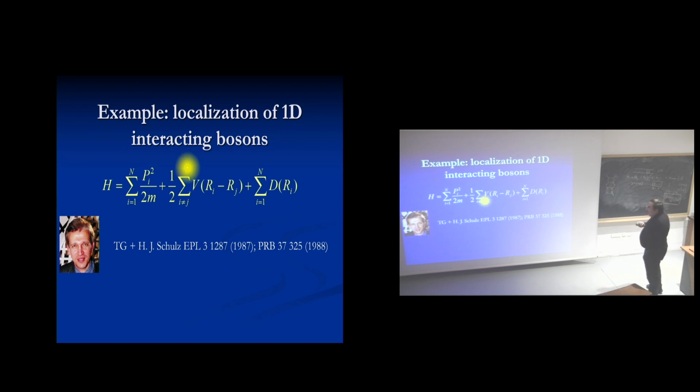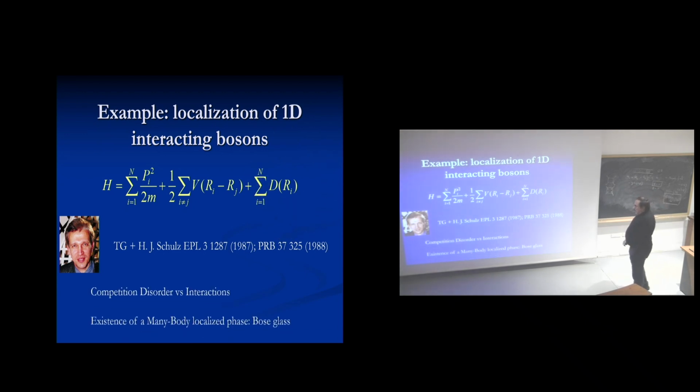And this is a very old problem. We studied it together with Heinz Schulz in '87, so prehistoric, the stone age. And again, this sounds like a formidable problem if you write it in the original boson language, because now you get a random potential which is coupled to the bosons. But if you use bosonization, it's actually not very different from the problem I wrote so far.